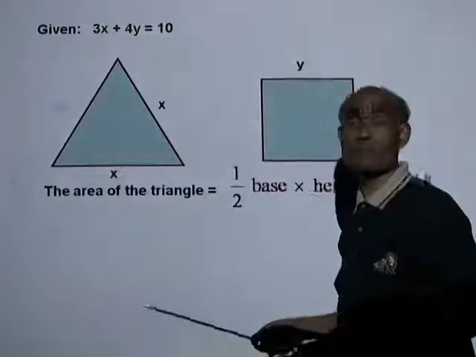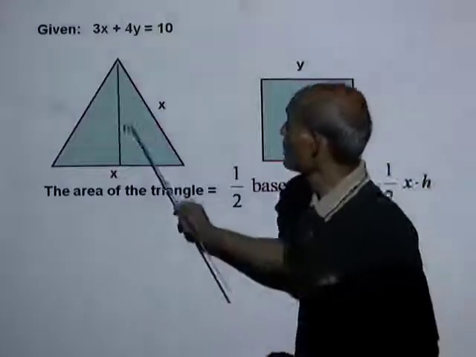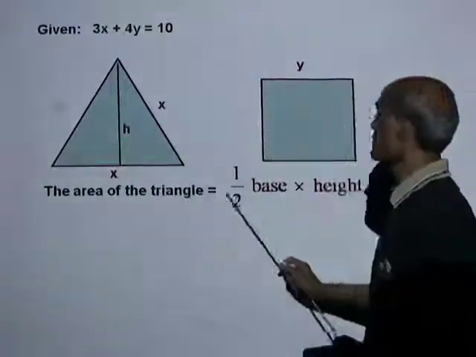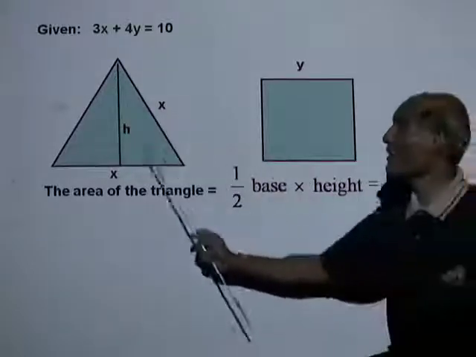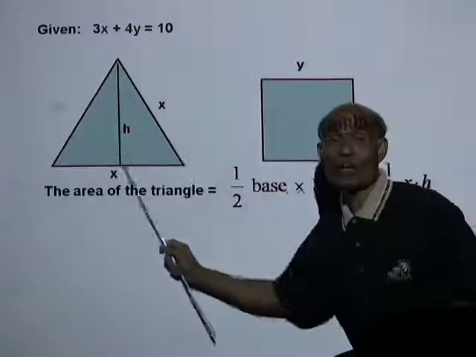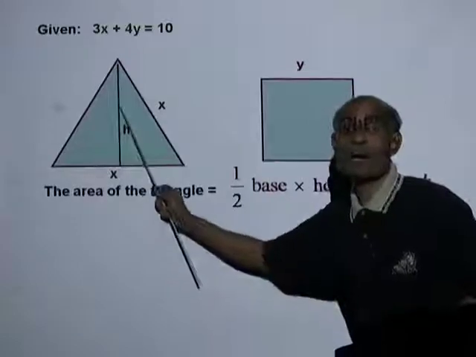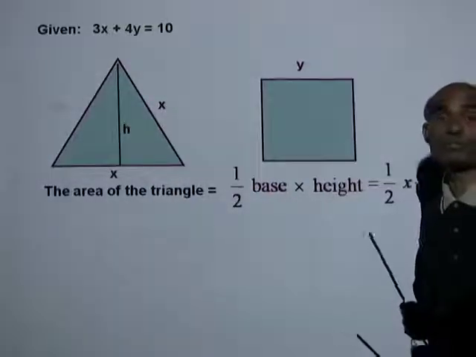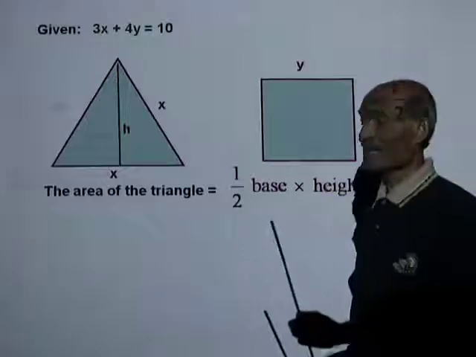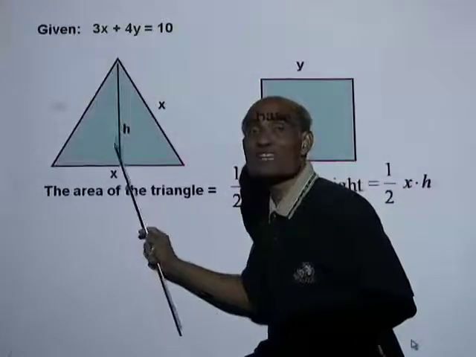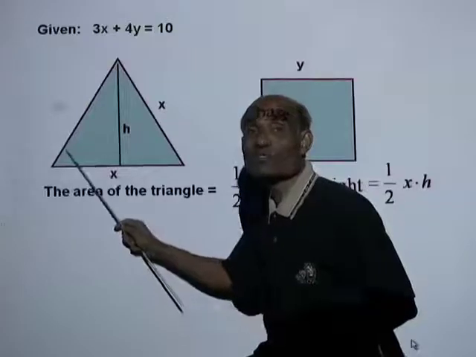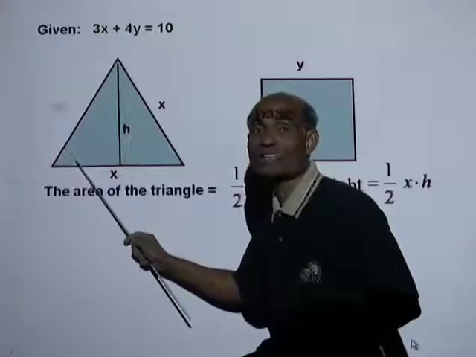Is that right? That's right. So if this is h, we can say the area of the triangle is 1/2 of x, 1/2 of the base times h, the altitude or the height. Now, is it possible for us to write h in terms of x using this angle? This angle is 60 degrees.